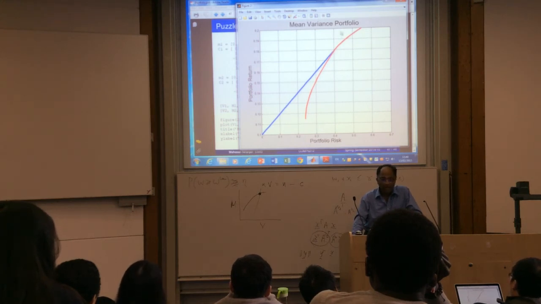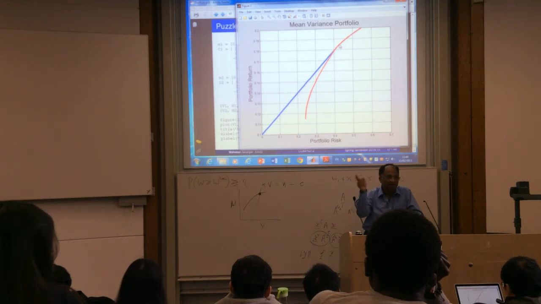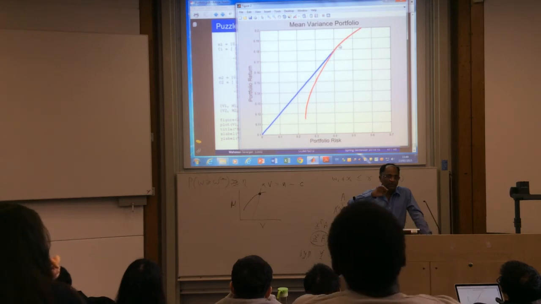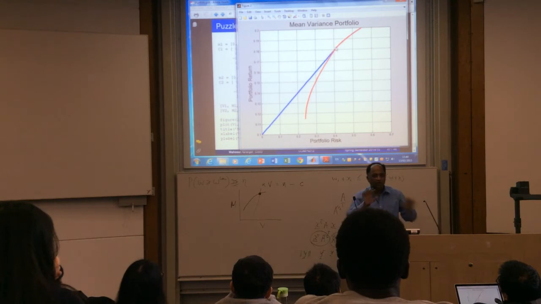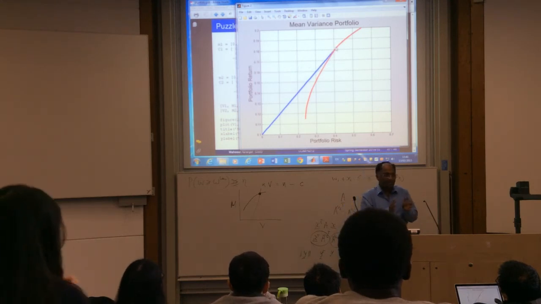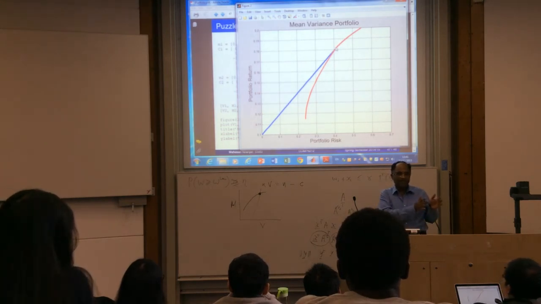If I'm at this point where it's tangential to this one, I have not put any money into the bond. I have put all my money into the stocks. It has to be, because otherwise I can't sit on the red line. The red line is the solution for the optimal portfolio where you are investing all your money in those three assets. So along this line are ways in which I can reduce the risk by investing a little bit of the money and keeping it risk-free.